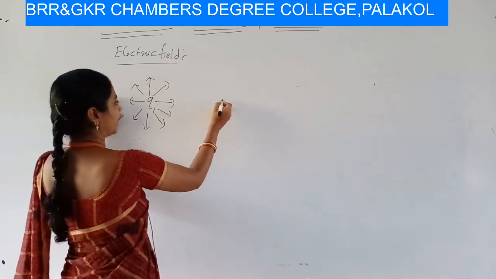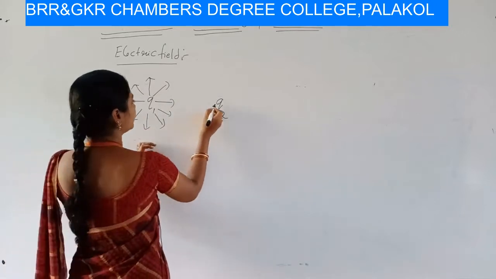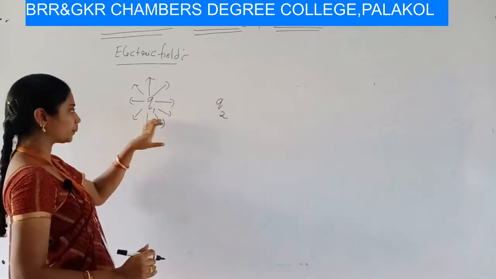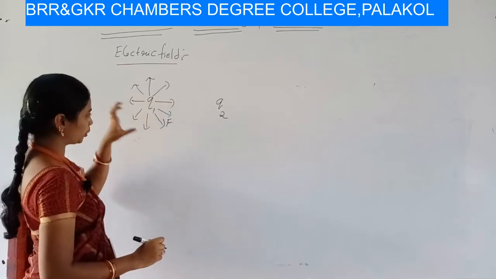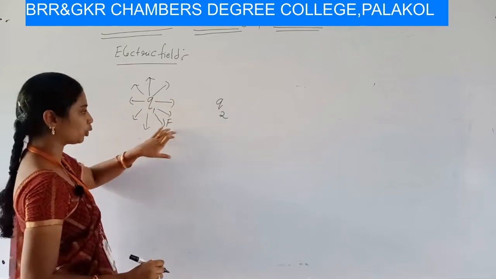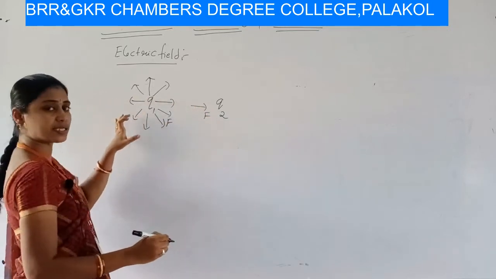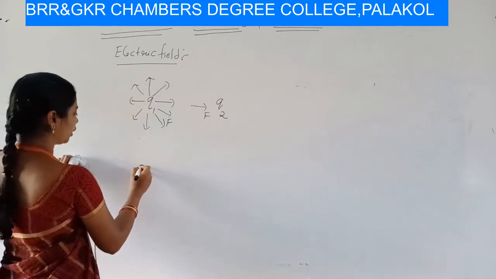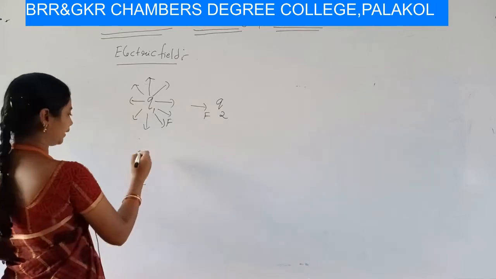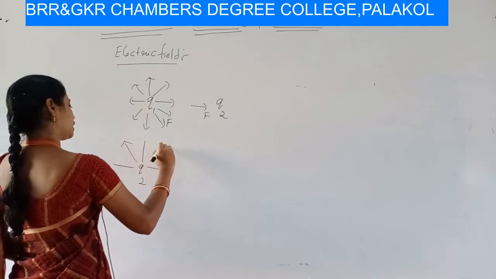Then we bring another charge Q2 nearer to this Q1. This Q2 also experiences the same amount of force by this Q1. In the similar manner, if we treat Q2 is fixed here, then it experiences its own force in space itself.